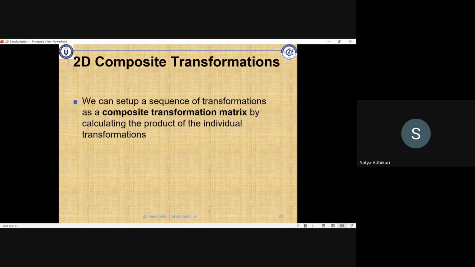Then 2D composite transformation. We can set up a sequence of transformations as a composite transformation matrix by calculating the product of the individual transformations. That is, we can apply a sequence of transformations, first scaling, then translation, then rotation, in any order on a single object. On a single object, we can set up a sequence of transformations one by one. That is, P dash equals M2, M1 and P, where M1 and M2 are the sequence of transformations.